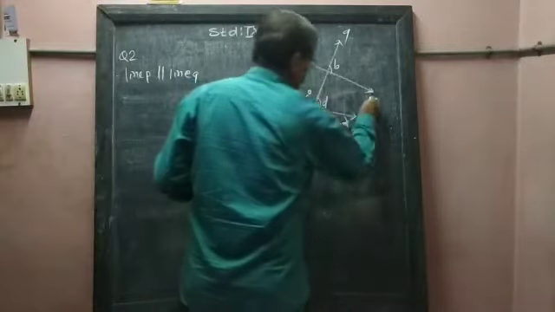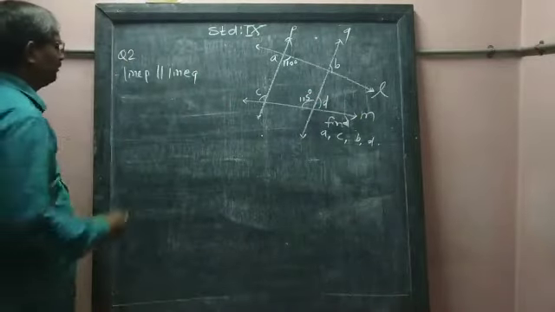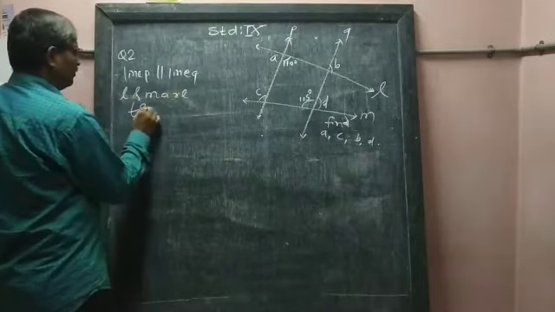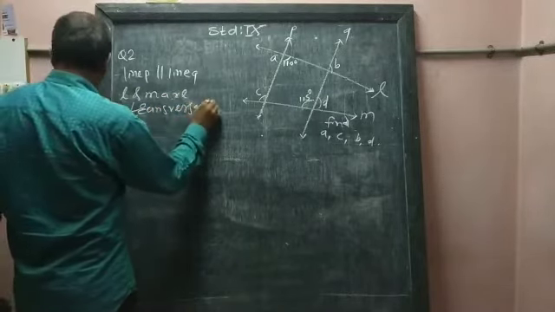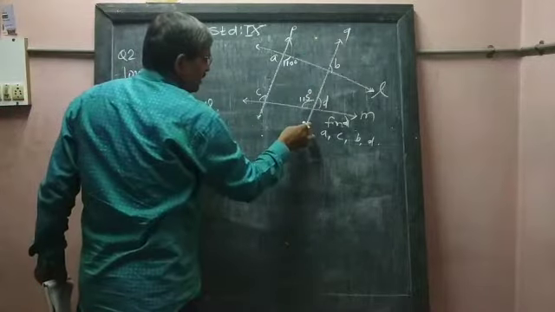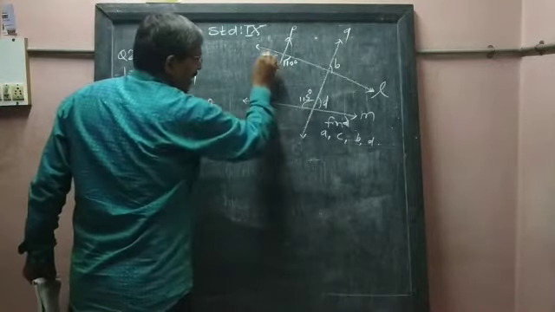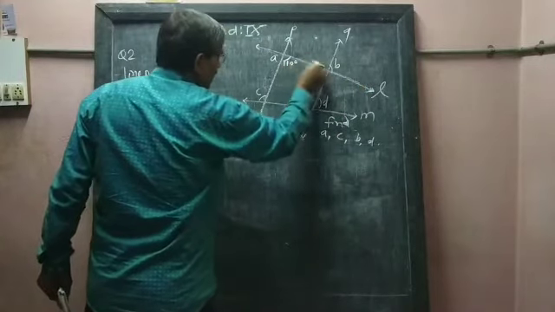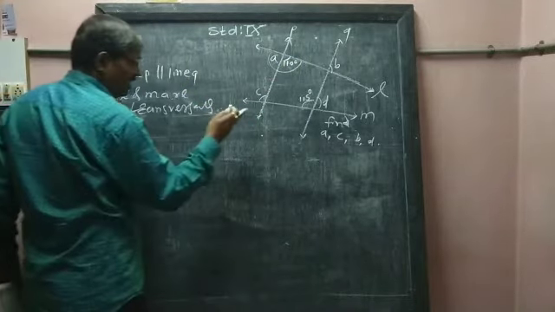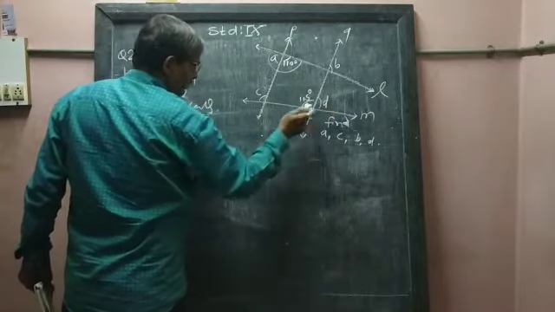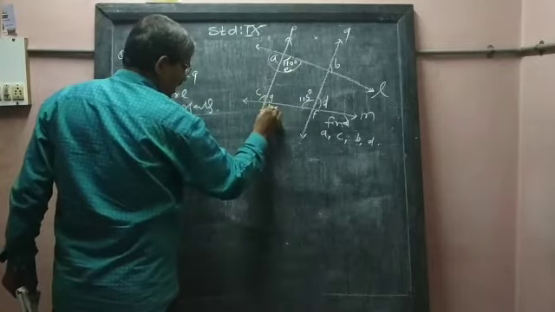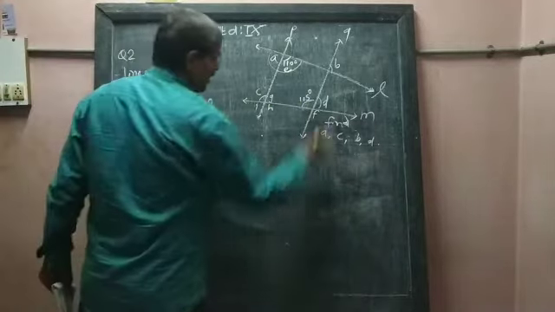L is a transversal, M is a transversal. So if lines P and Q are parallel and this line L is a transversal, then first we will take this, because here I will take letters A, B, C, D. Here E is not given, I will take E. Here I can take F, here I can take G, H, I. We can take any, no problem.